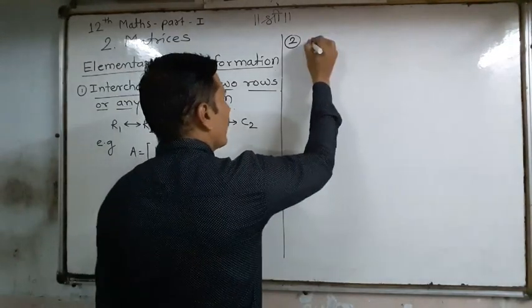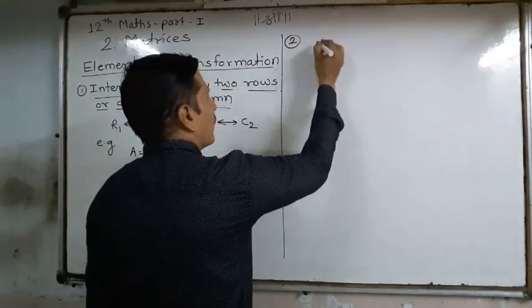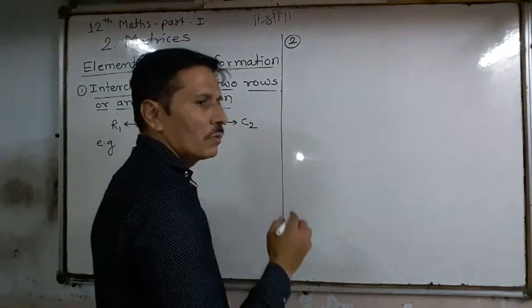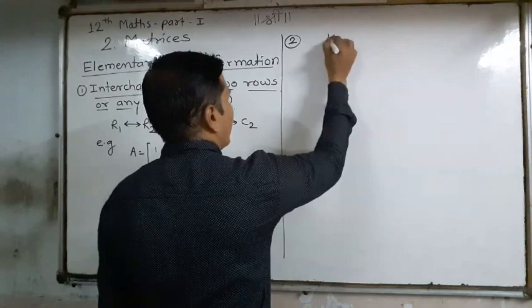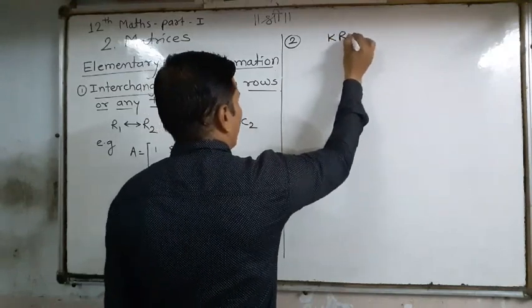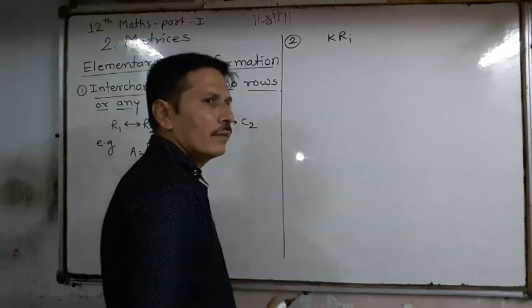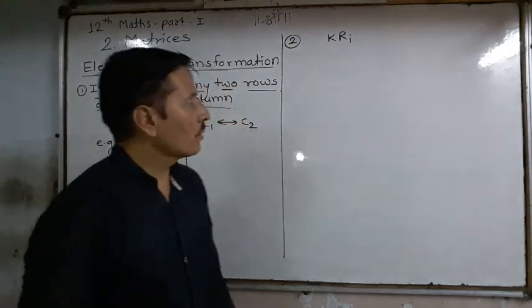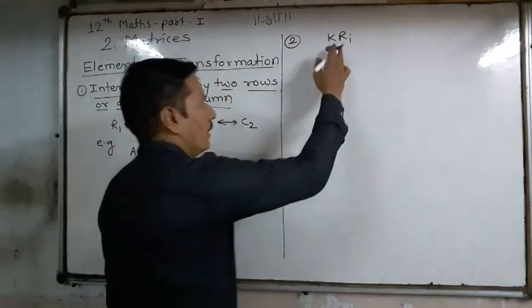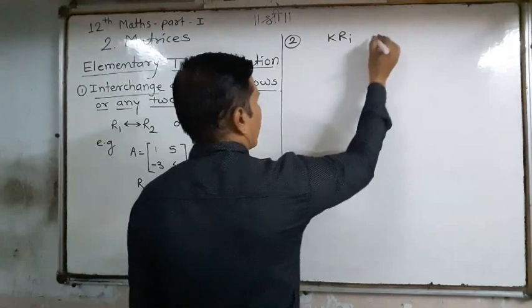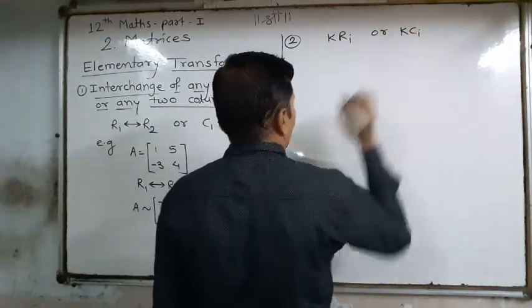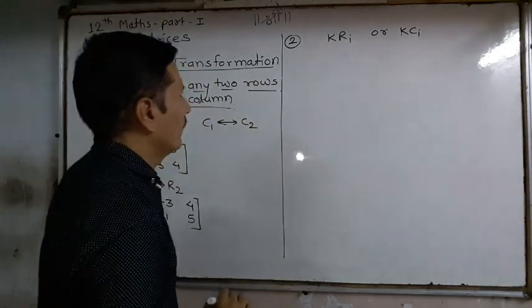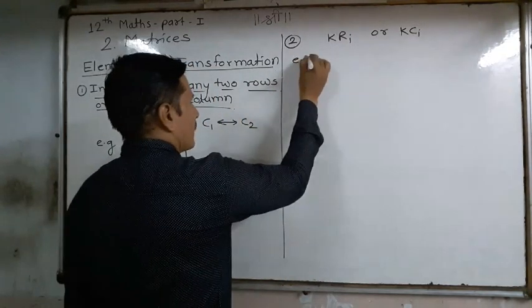We will see this transformation with a suitable example. If we multiply, suppose, the first row by k, it is represented as k Ri, where Ri means any row: first row, second row, third row. k is the non-zero scalar. Or we can write it as k Ci for a column.